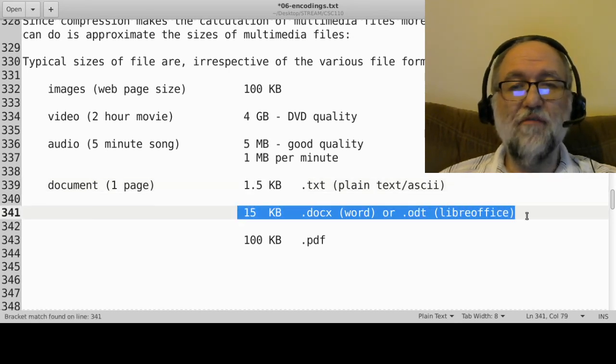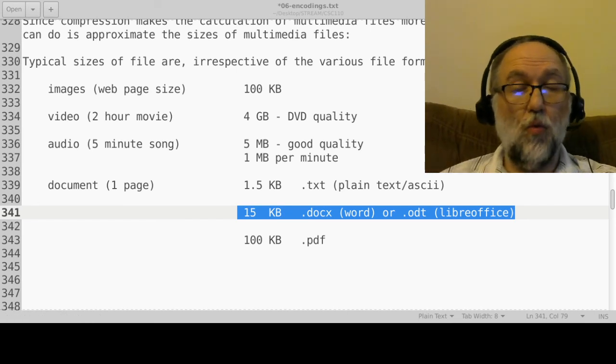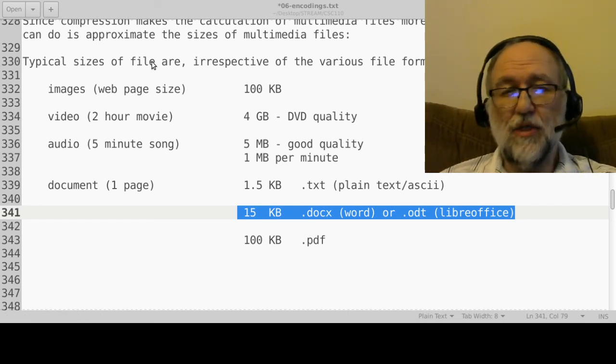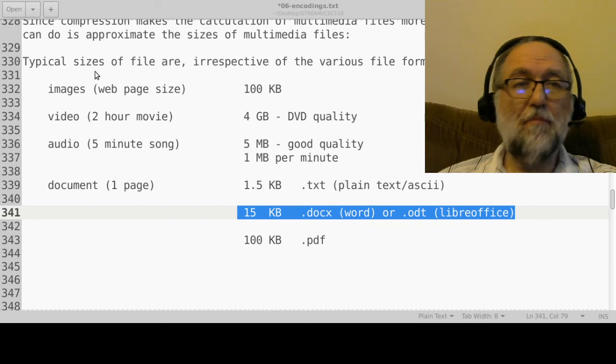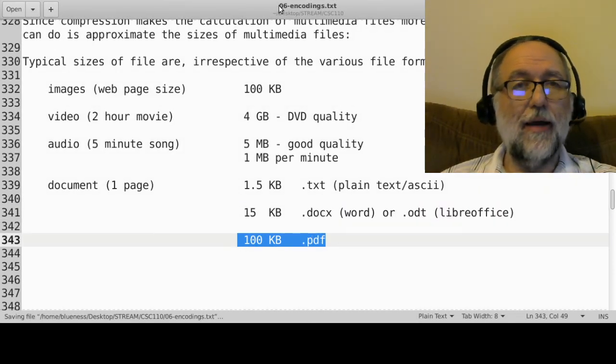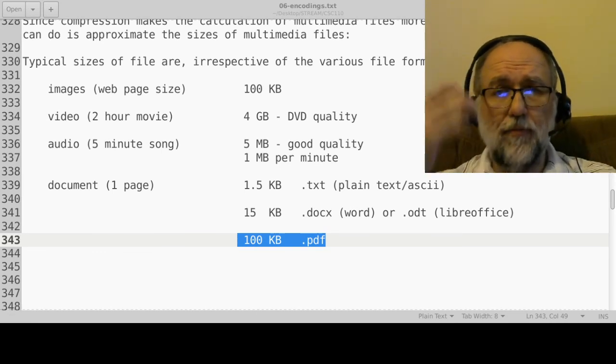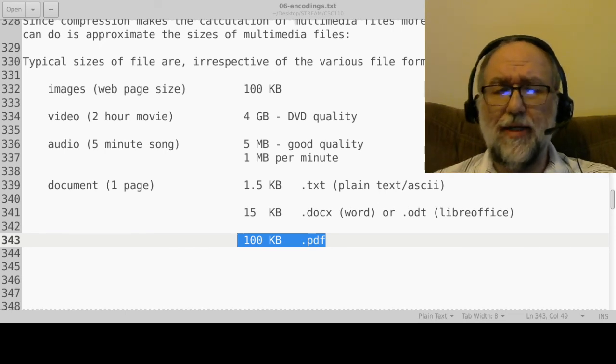Now, a Word file, because it's got a lot of extra stuff in it, one page of a Word file, like a docx file, is about 15 kilobytes. And PDF is kind of hard to estimate. PDF files, and you'll see them later in the course as well, are high quality documents, like textbook quality documents.